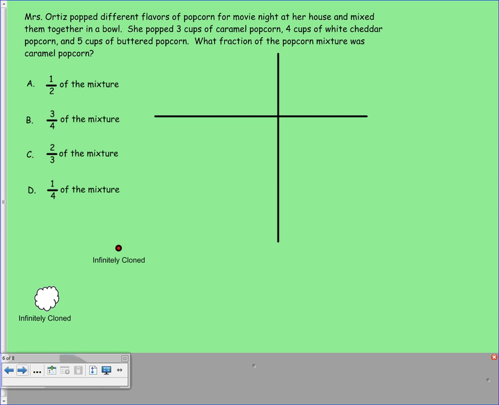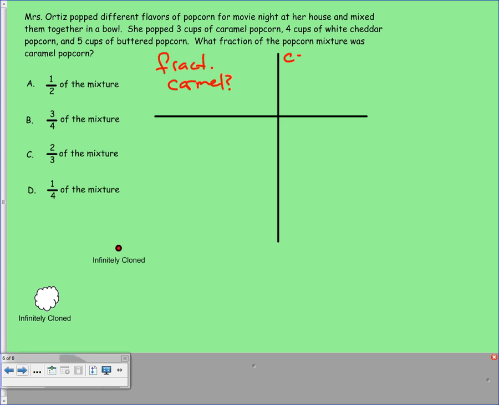So putting it into a problem here. Mrs. Ortiz popped different flavors of popcorn for movie nights. She popped 3 cups of caramel, 4 cups of white cheddar, 5 cups of butter. What fraction of the popcorn mixture was caramel? Let's see. I'm just going to write it down here.